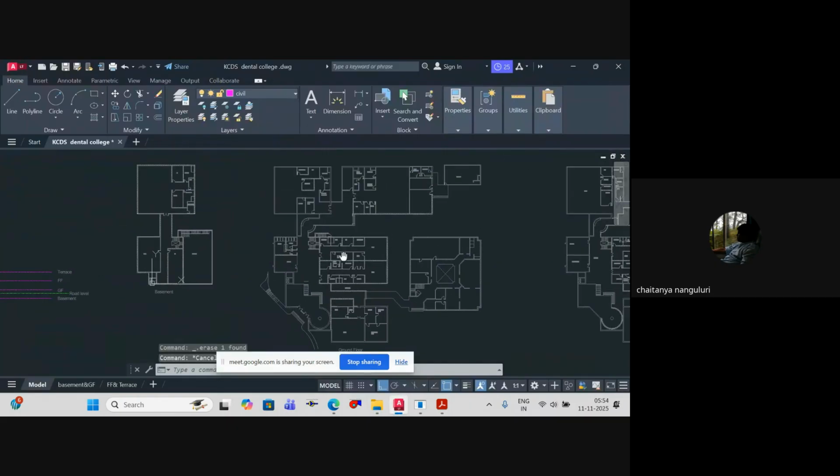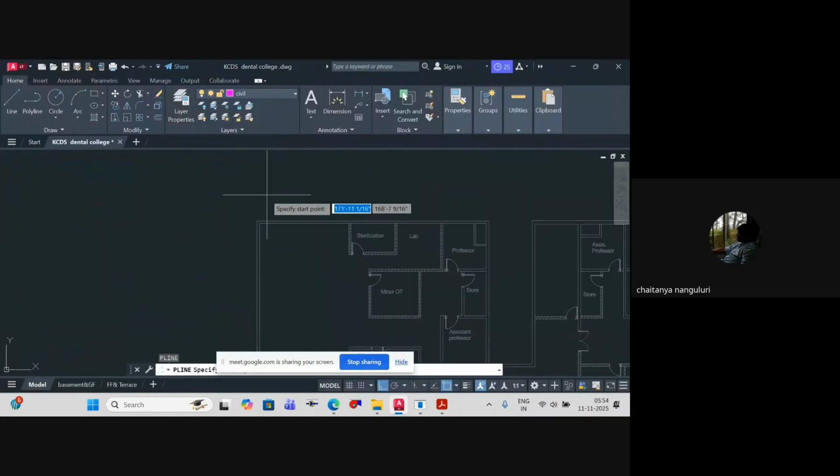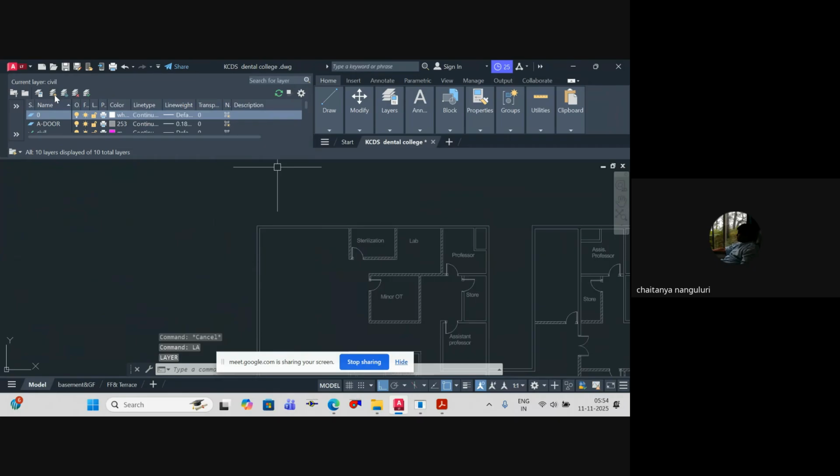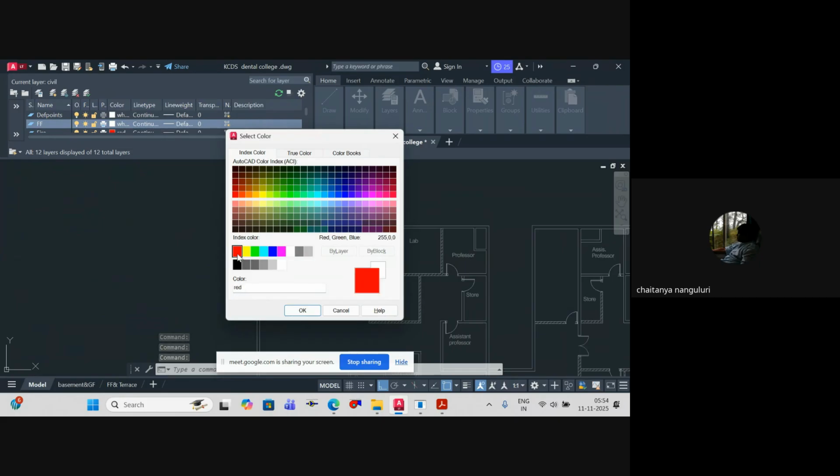So if the plot area is up to 1,000 square meters, I'll create a new layer. Let's take a red color or yellow color.